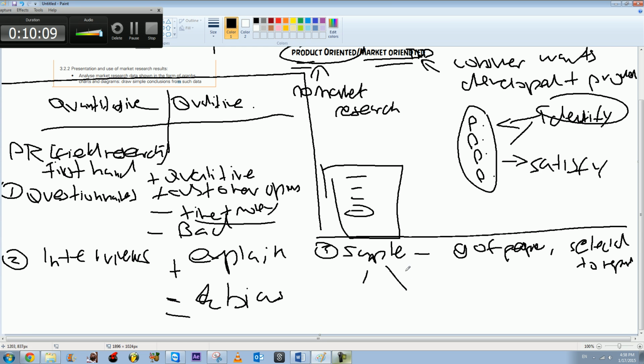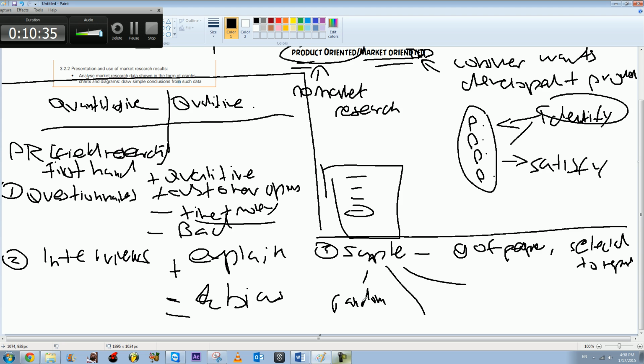And there are lots of different examples of sample, like random sample. This could be like 1 in 100, like just get telephone numbers, and 1 in every 100 you call them up and ask them about something. Or it could be 1 in every 100 or every 1,000 in the shopping mall queue and ask them questions.